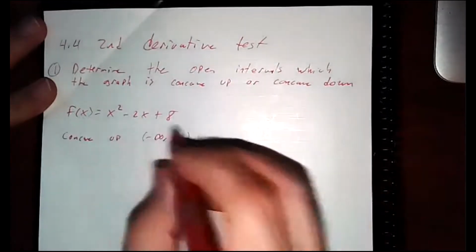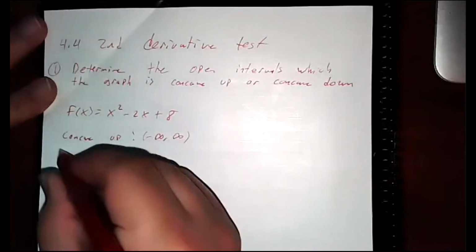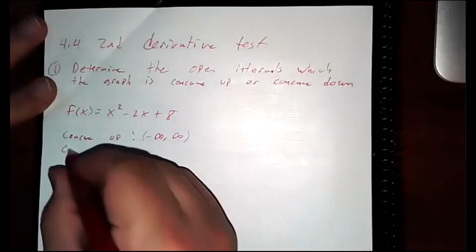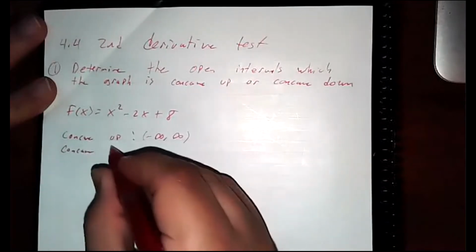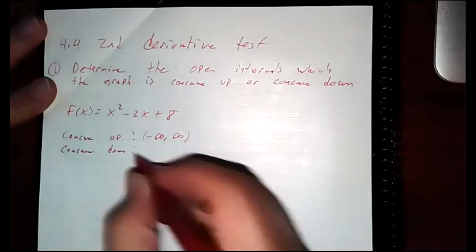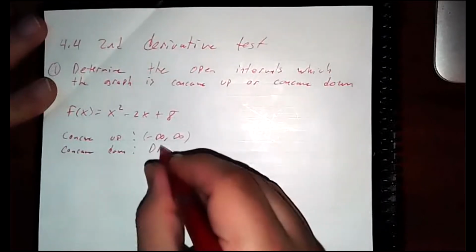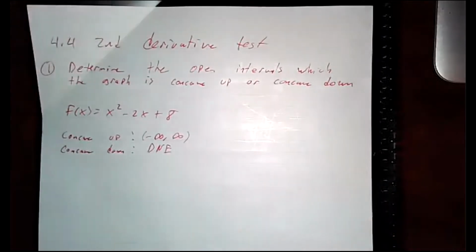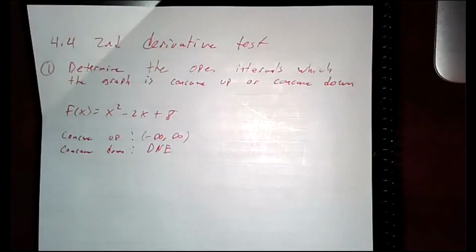And if that's the case, there is no concave down because that's everywhere already. Concave down does not exist. So that question is not interesting. Let's do something better.